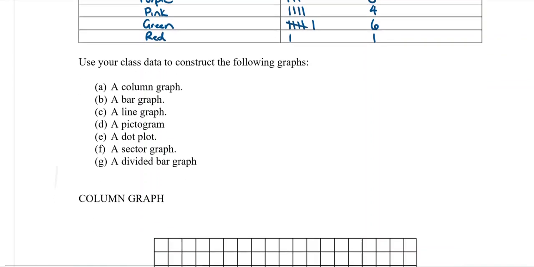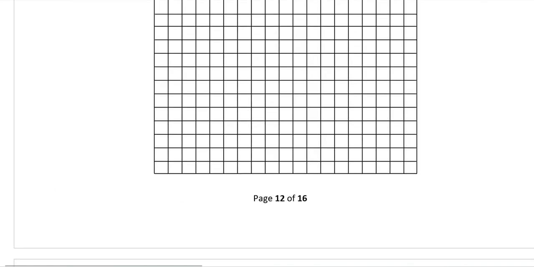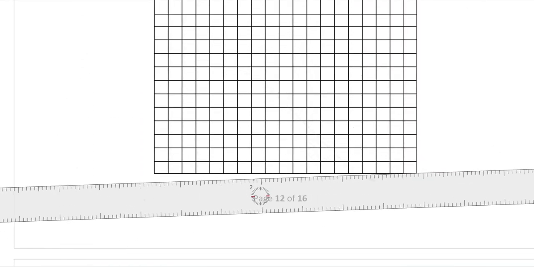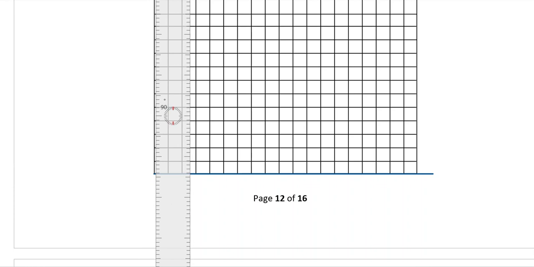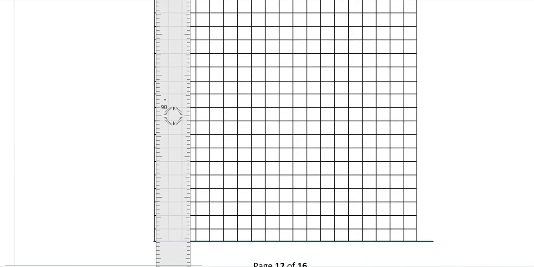Okay, the column graph. To draw the column graph, you're going to draw a line along the bottom horizontal axis and one up the vertical axis on the left. To help you space out your columns, please use every second grid line as you go across the bottom.